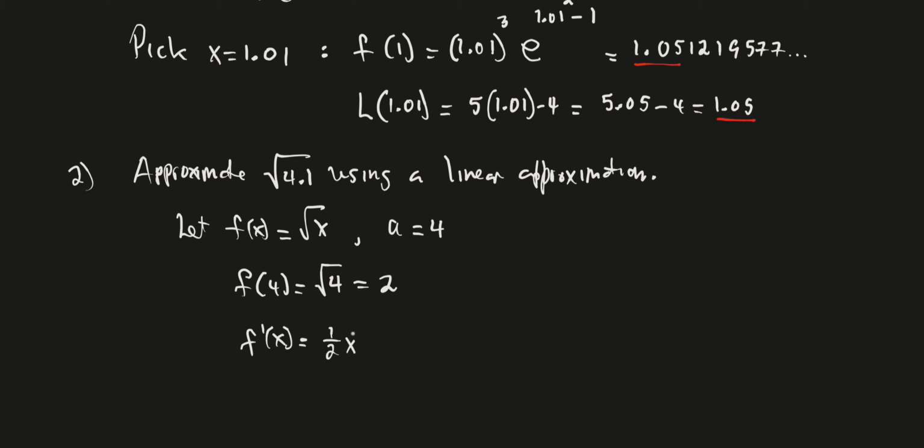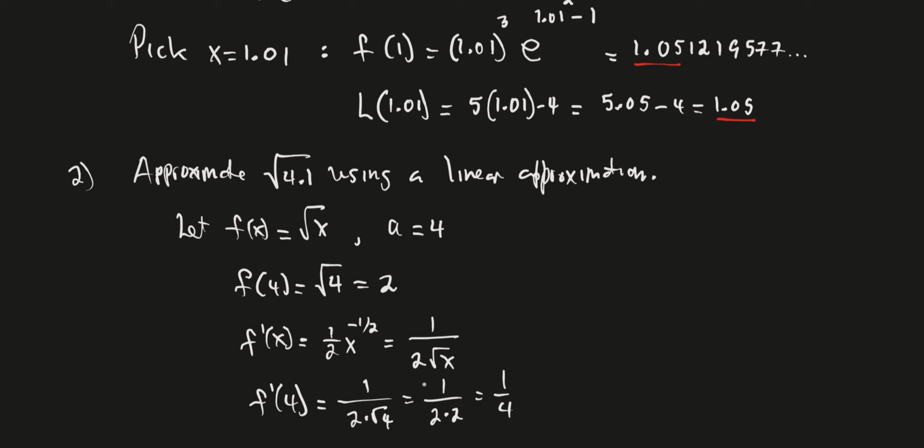When we compute our derivative using our power rule and rewrite it, we get 1 over 2 root x. So then f prime of 4 is 1 over 2 root 4. That's 1 over 2 times 2, so that's 1/4.